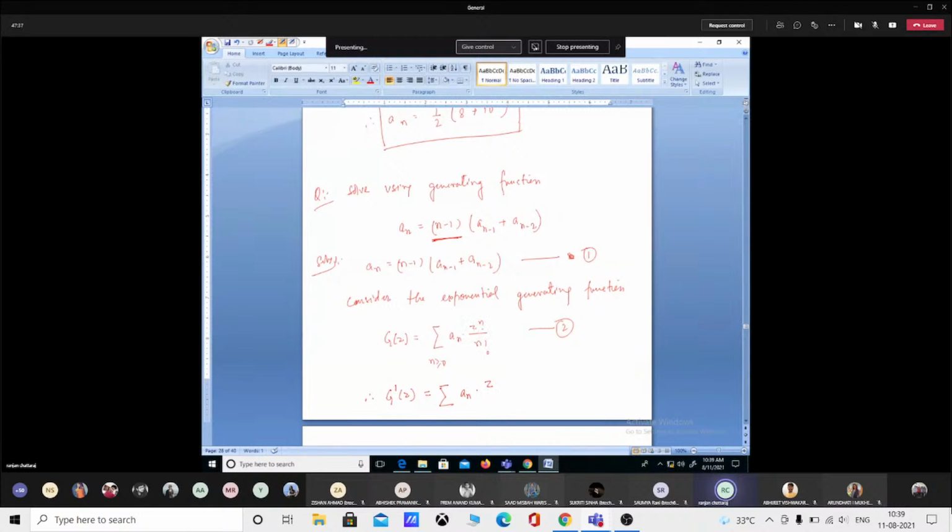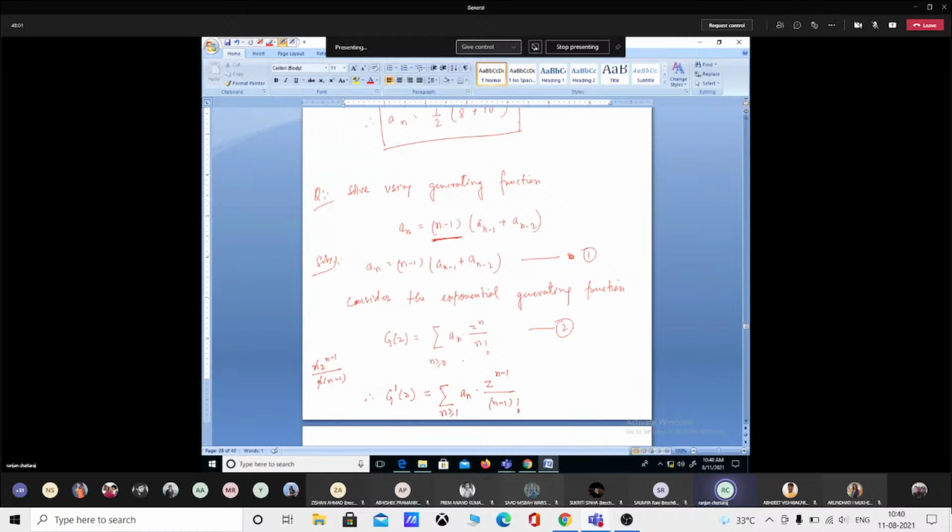So differentiating, we get n z to the power n minus 1 divided by n factorial. This can be written as 1 upon n minus 1 factorial, since n cancels out. But instead of n starting from 0, we have to take n starting from 1 over here.